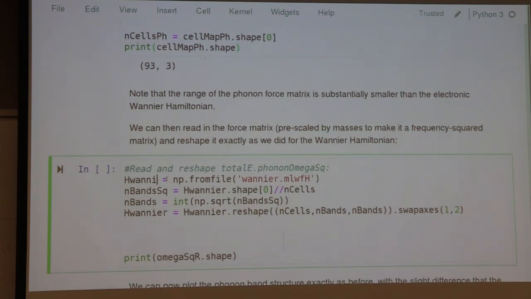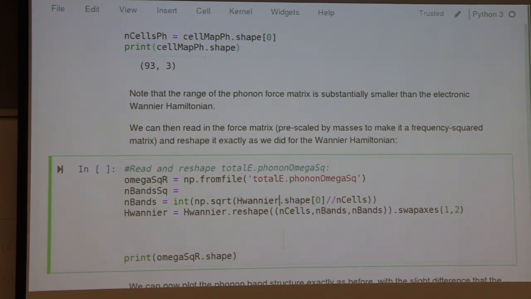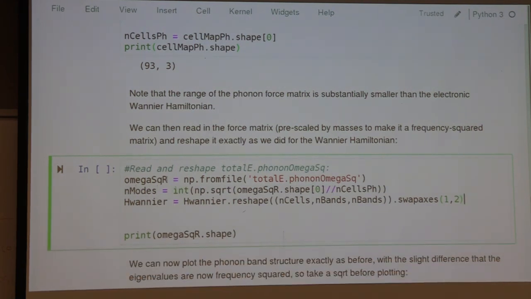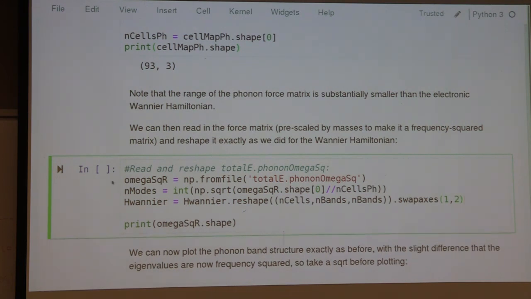So I'm going to read in this omega squared file, which I'll call omega squared r for being in real space. Right, and I'll call this the number of modes, which are basically the number of normal modes per unit cell associated with the phonon.